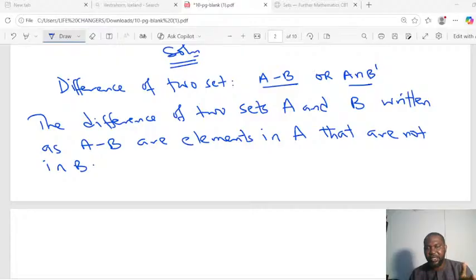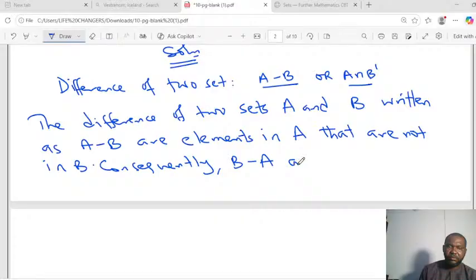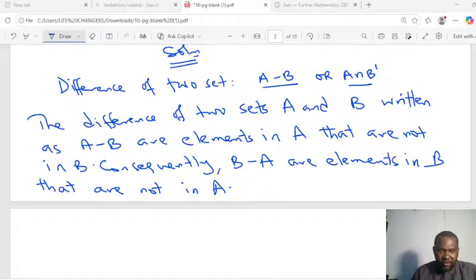It is elements in A that are not in B. So I can also say, consequently, B minus A are elements in B that are not in A.